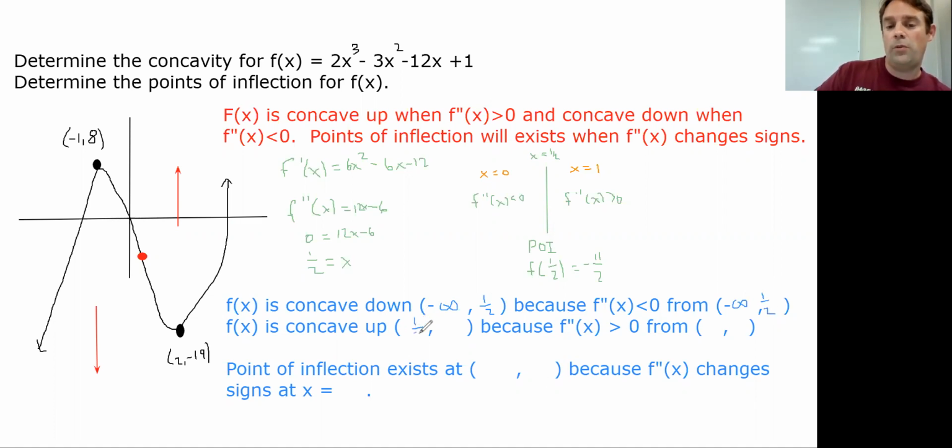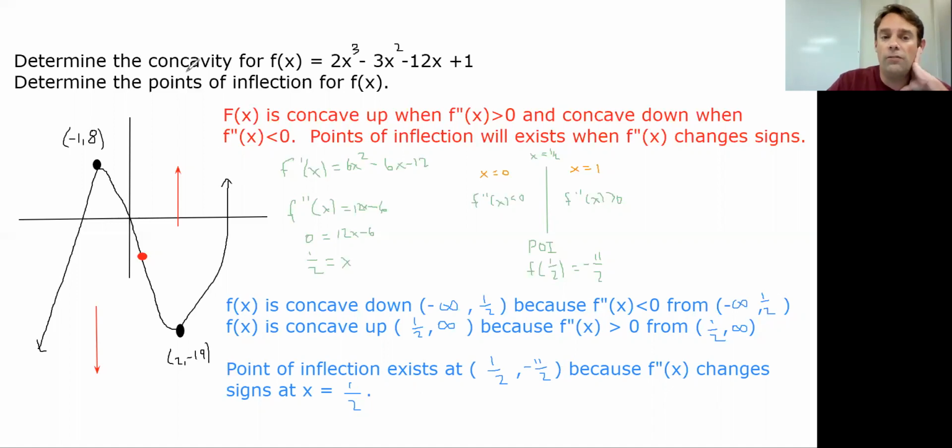From 1/2 to positive infinity, it's concave up because the second derivative is greater than 0 from 1/2 to positive infinity. And I had a point of inflection at 1/2, negative 11 halves, because the second derivative changes signs at x equals 1/2. But notice, I didn't have to say how it changed signs. I can, but there's no reason to. All I need is for it to change signs. I don't have to specify how it changed signs.